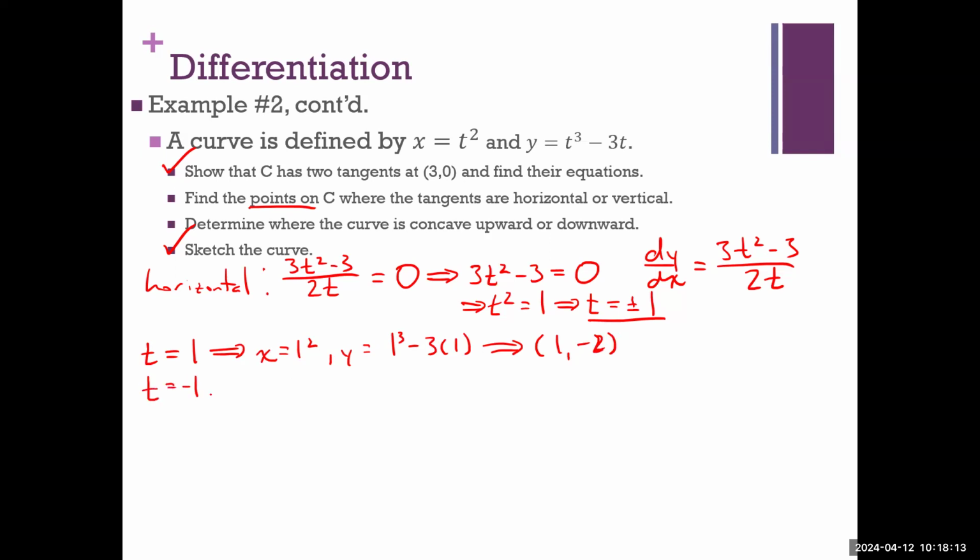And then something similar for the other t value. x is still 1, right? And y equals (-1) cubed minus 3 times -1. So (1, -2) and (1, 2). So that's for the horizontal tangent.